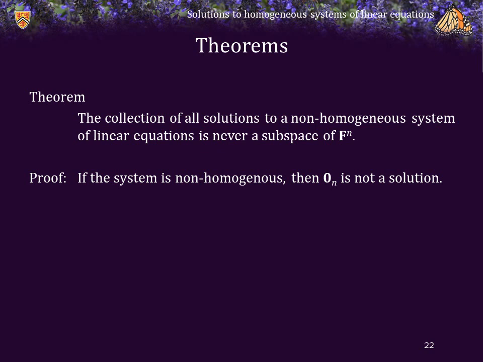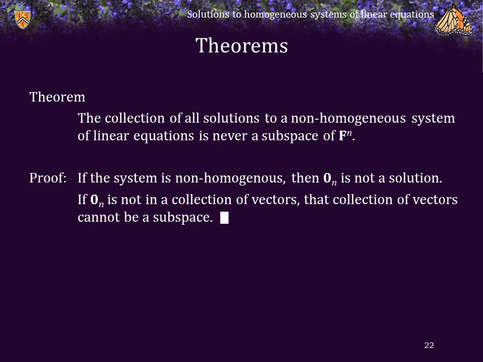Therefore, the zero vector is not in the collection of all solutions. If the zero vector is not in the collection of all solutions, that collection cannot be a subspace, because every subspace must contain the zero vector.